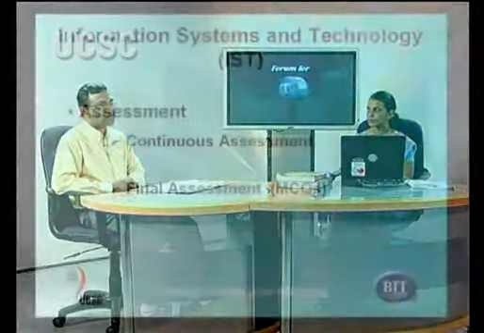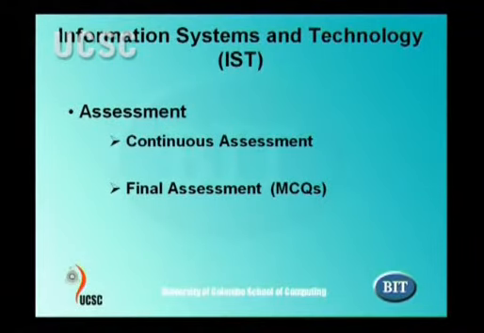I also would like to speak a little bit about the assessment which we are planning to do. As you know, in the BIT program there are two kinds of assessments. The first is the continuous assessment, which students do during the course.